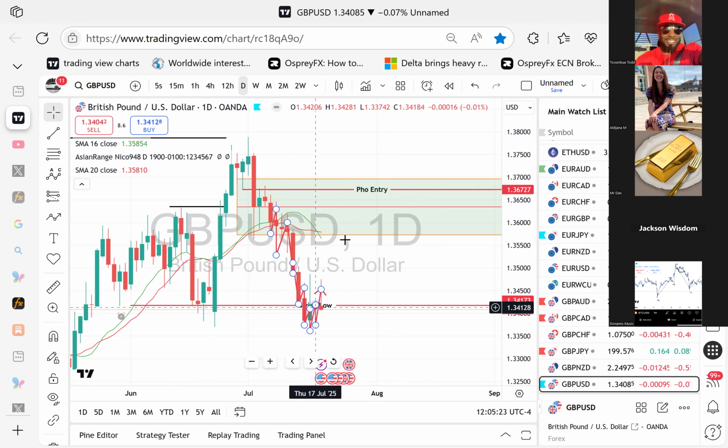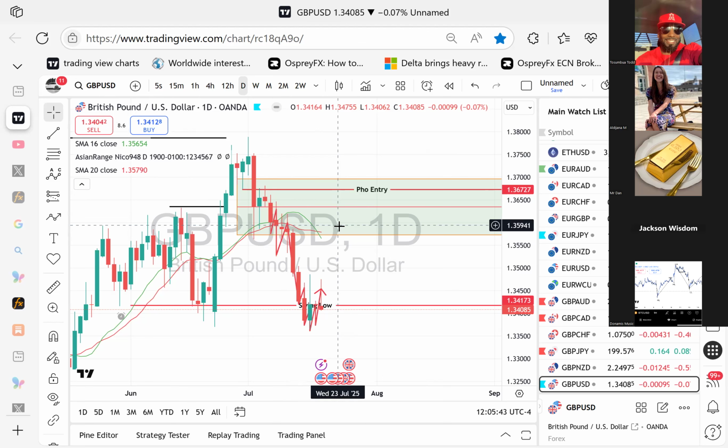And this area is the what zone? The golden zone, which means premium is up here and discount is down here. I'm taking this trade from discount, buying it up to premium. Does everybody understand that? Yes, sir.